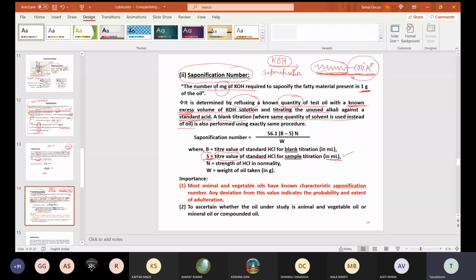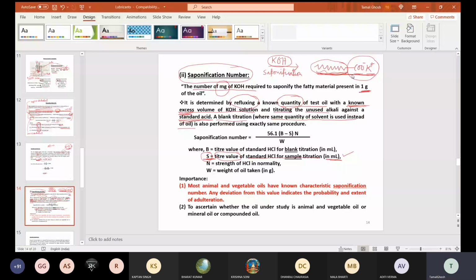The same known volume of KOH is added, heated for the same duration at the same temperature, then cooled and titrated with the same standard acid. In this blank titration we did not have oil, so all the KOH will be unreacted.